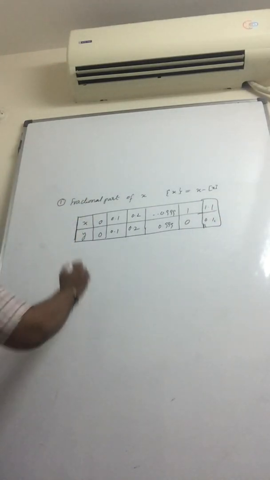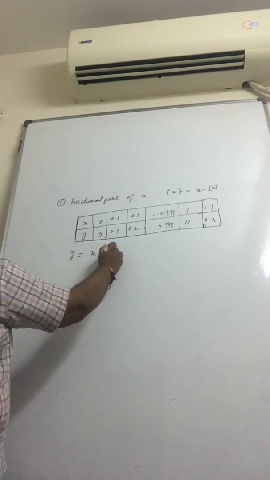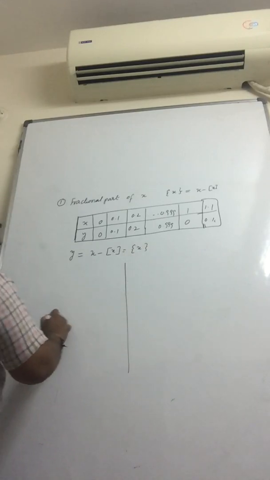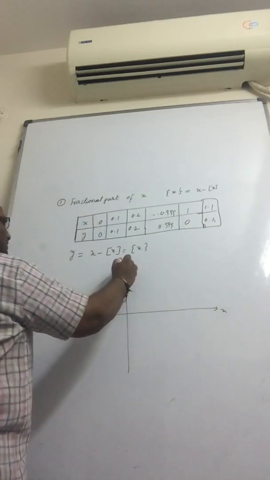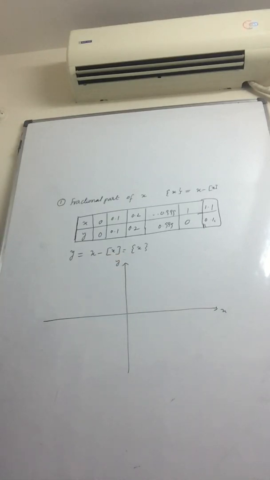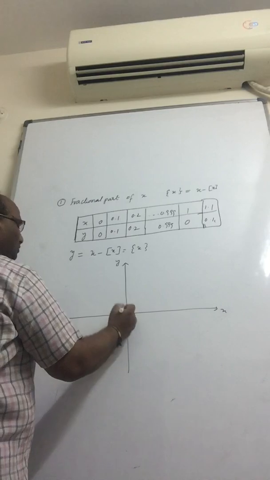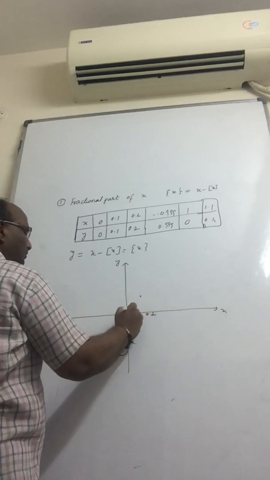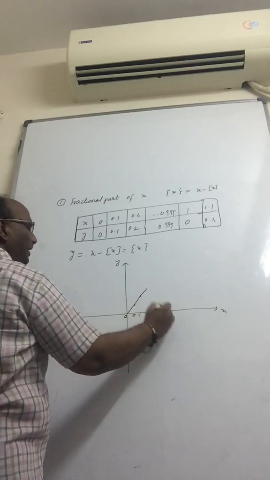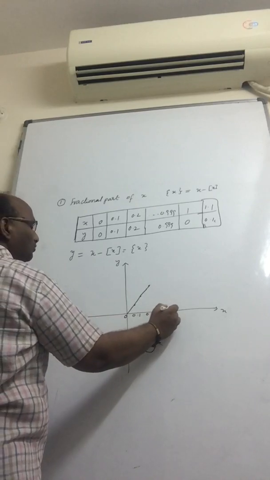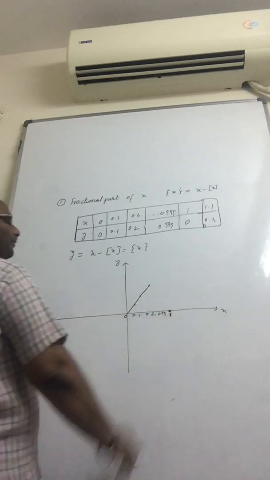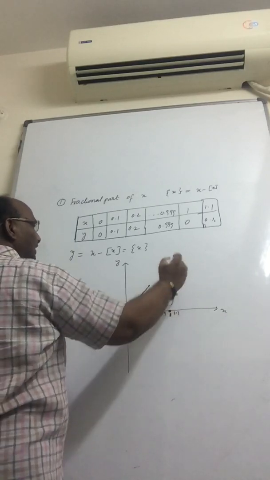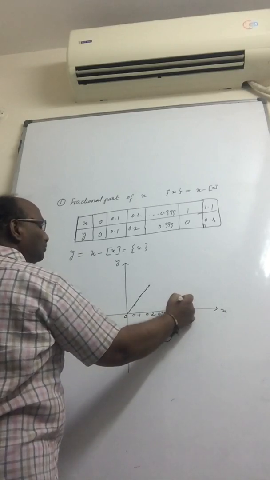Now let us draw the graph. y equals x minus integral part of x, which is fractional part of x. Draw two perpendicular lines. One line stands for the x-axis, the other for the y-axis. For x equal to 0, y is 0. For 0.1, 0.1. For 0.2, 0.2. Even 0.9999 gives 0.9999. When it comes to 1, it is 0. Now 1.1 gives 0.1, and 1.2 gives 0.2.